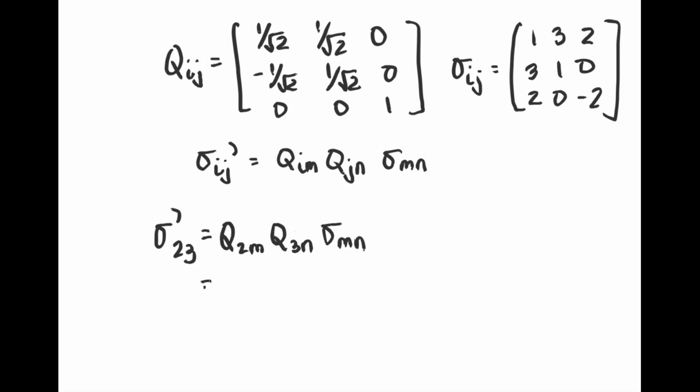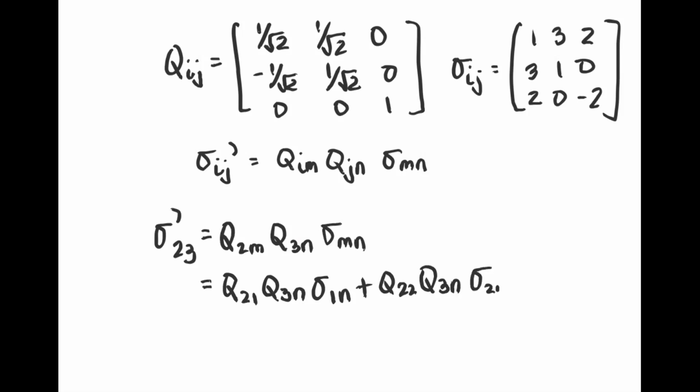Now, expanding this further, we have Q21, Q3N, sigma 1N plus Q22, Q3N, sigma 2N plus Q23, Q3N, sigma 3N.